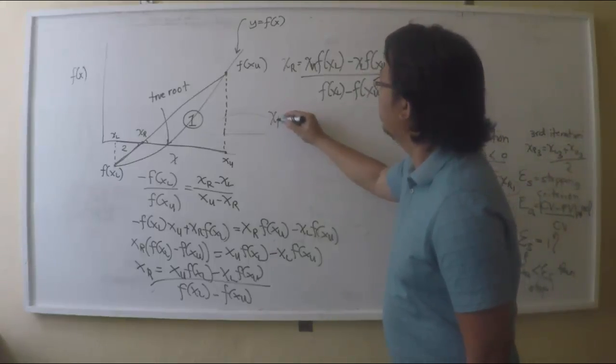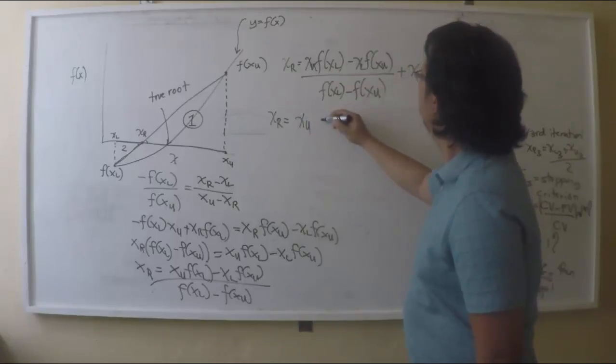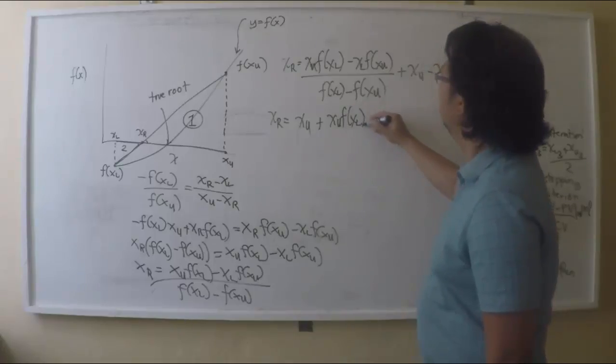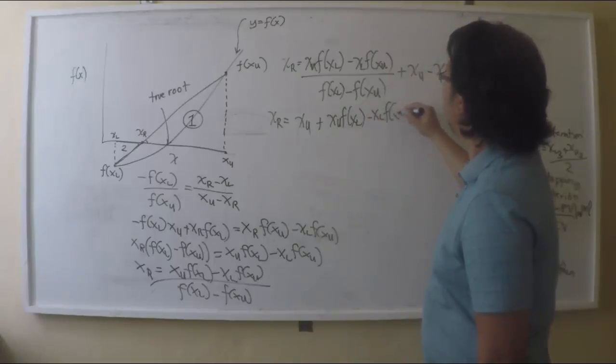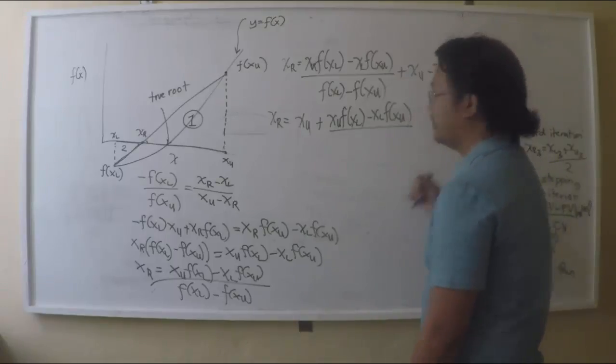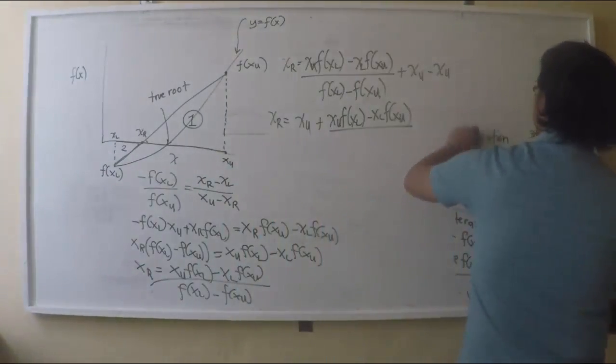So you do xr, put it here, xu, this one combined, you got xu plus xu f of xl minus xl f of xu, and then over, minus, put here, we'll erase this for a while.